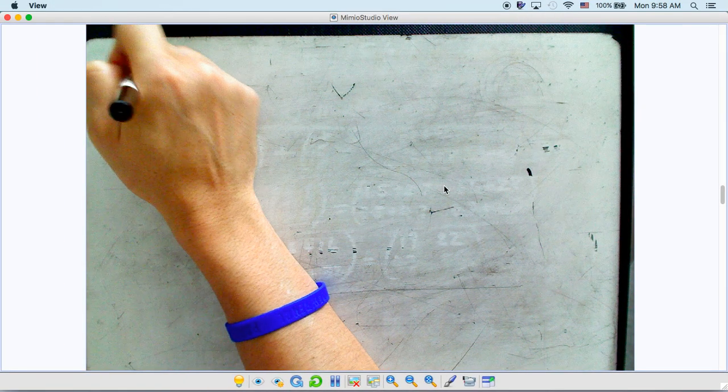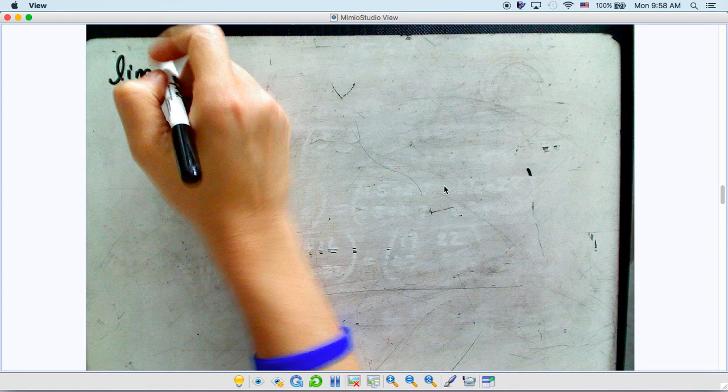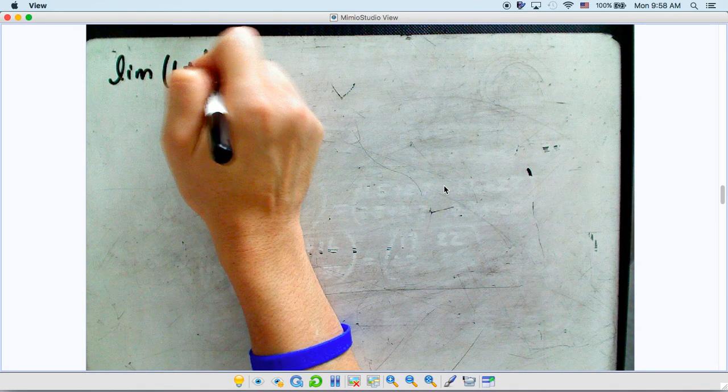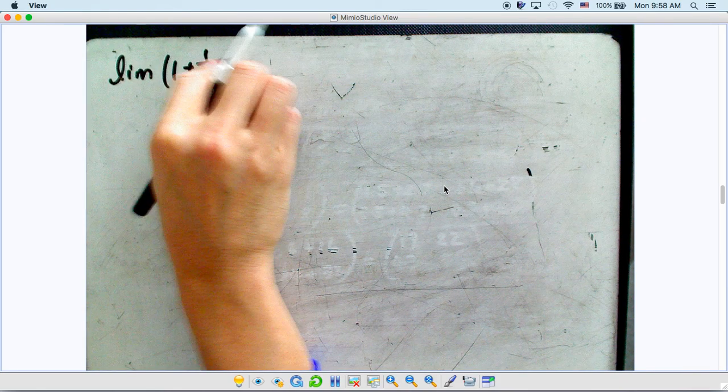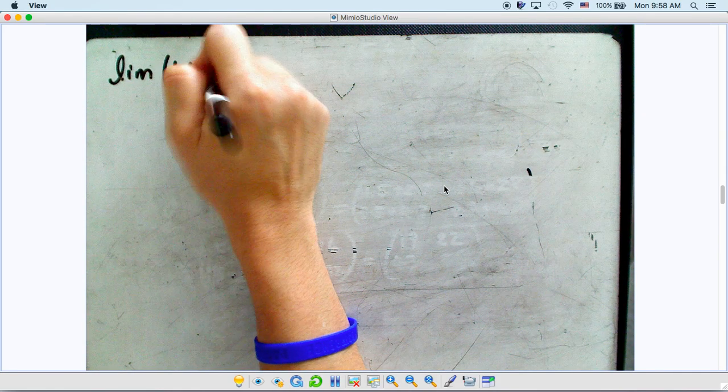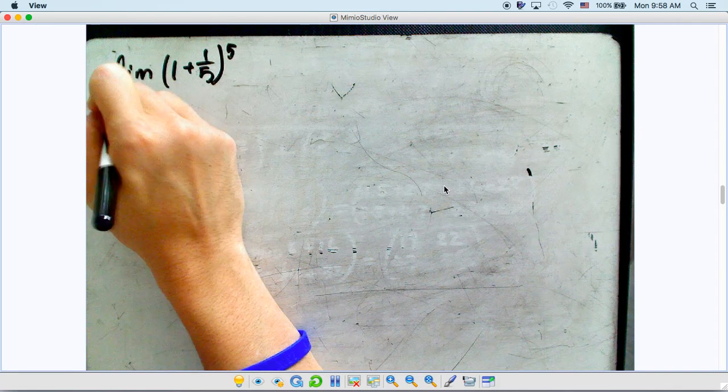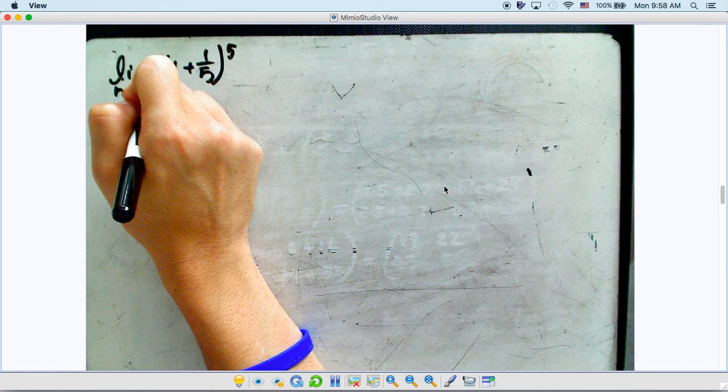Actually, for example, let's say we have the limit of (1 plus 1 over n) to the 5th power as n approaches 5.